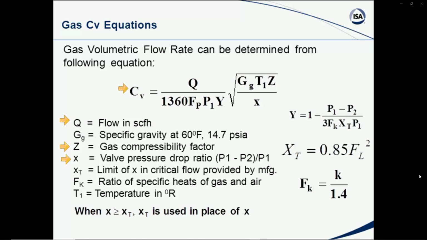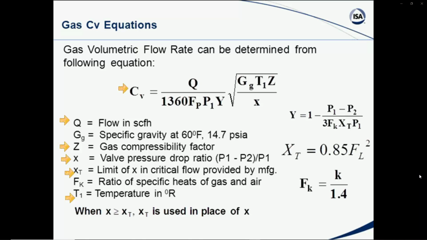We do calculate a valve pressure drop ratio, which is the differential pressure divided by P1, and there is a limit of the critical flow, where we get the sonic velocity, that will limit any increase in flow. One thing to notice here too, this temperature is in degrees R, degrees Rankine. If you'll recall, we talked about that earlier.